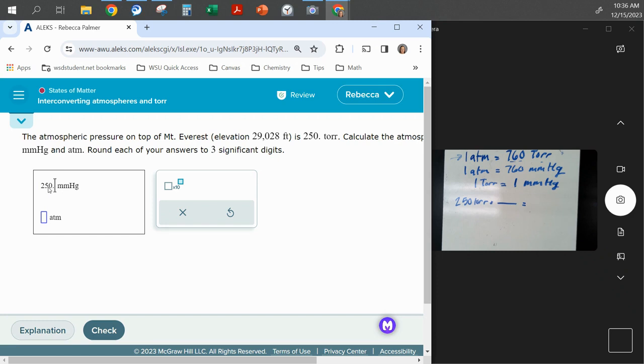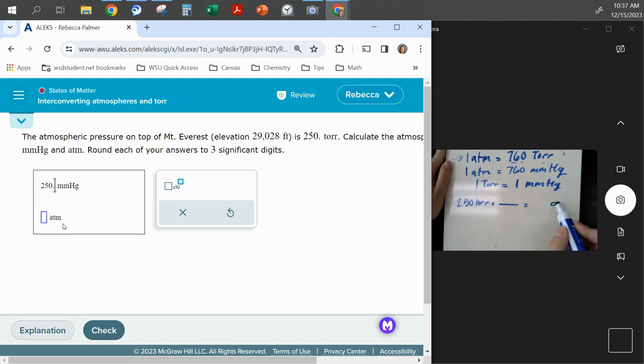And then we need to calculate it in atmospheres. We know that 1 atmosphere is the same as 760 torr. So that torr will cancel out. So it's 250 times 1 divided by 760.